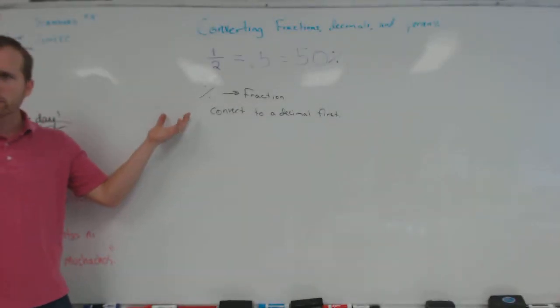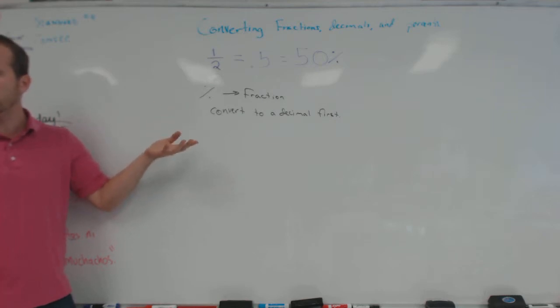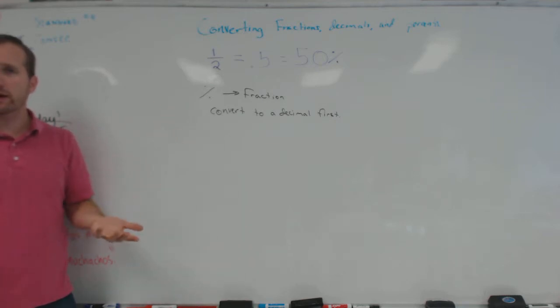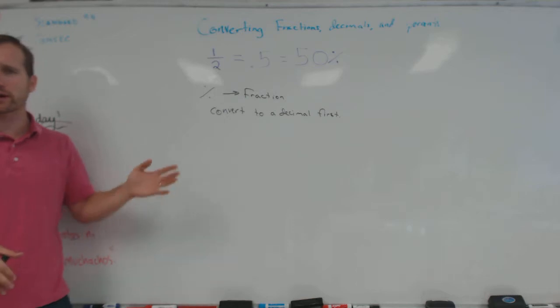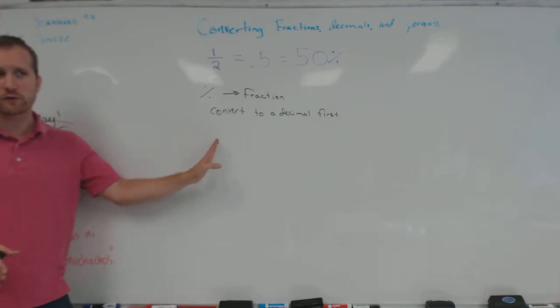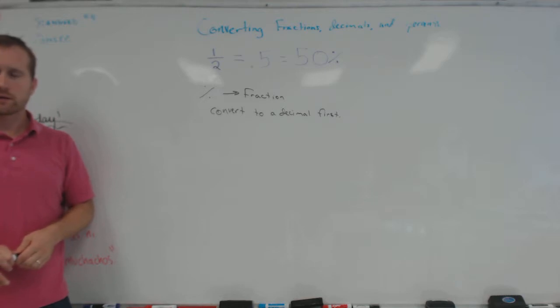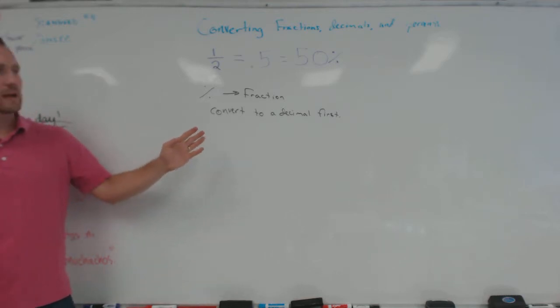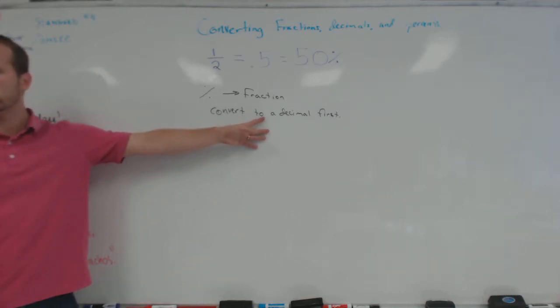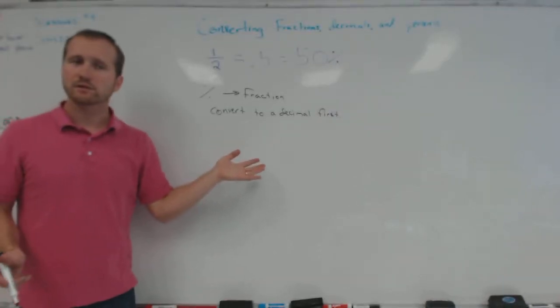Now, if you see 50% and you go 50 over 100 and you remember that, that's great. Or if you know another trick for getting that decimal place moved over, that's also great. But it turns out you're really doing the same thing that you would be doing to convert it to a decimal anyway. So you're not saving yourself much time.